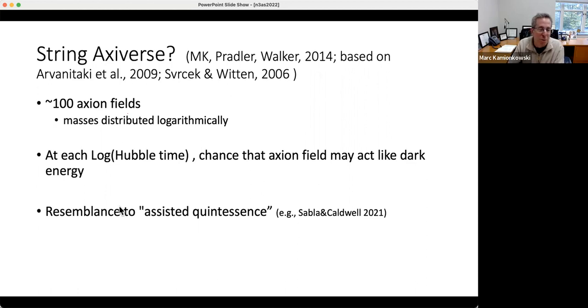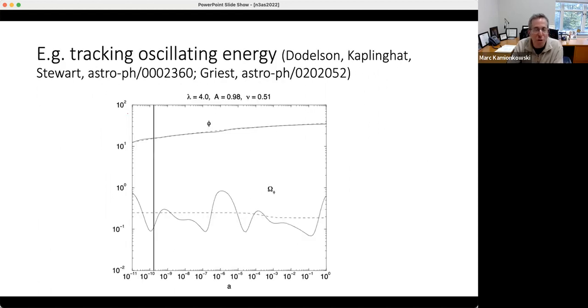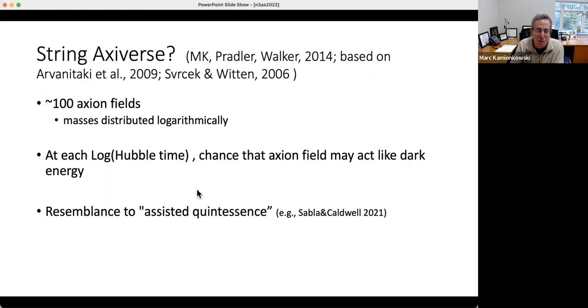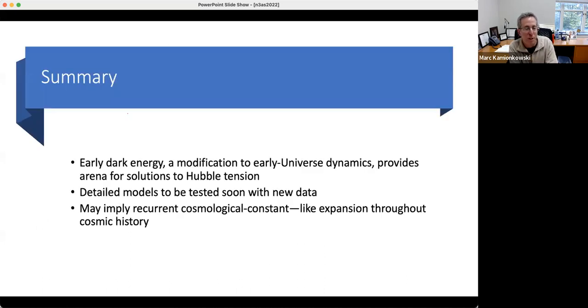There's also some resemblance to these assisted quintessence models, which are sort of some combination of this idea and the string axiverse idea. And there's a very nice paper by Vivian Sala and Robert Caldwell last year investigating this possibility for early dark energy.